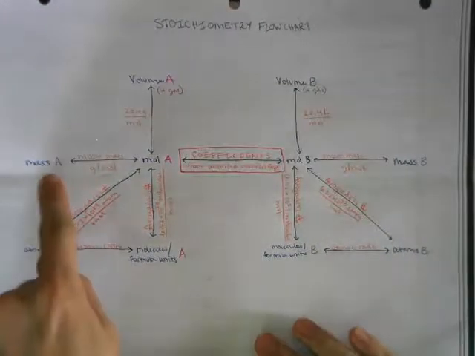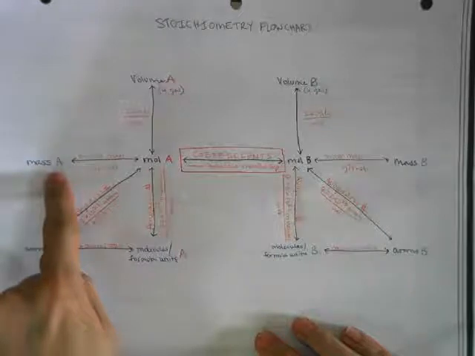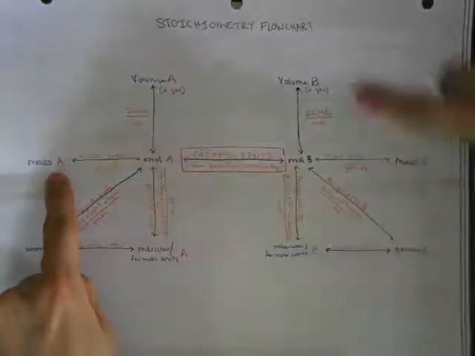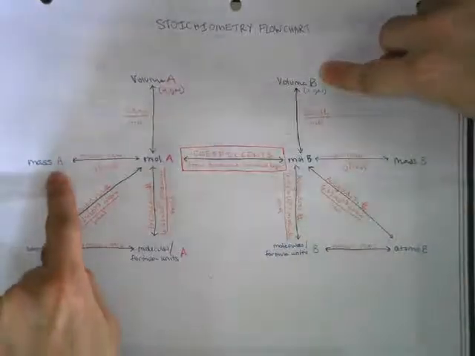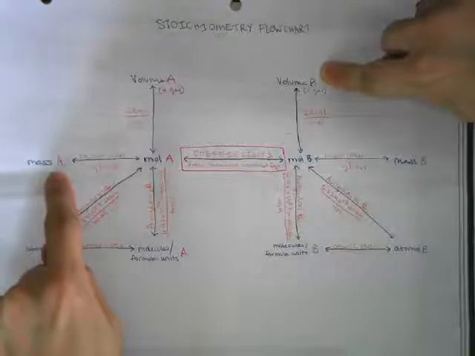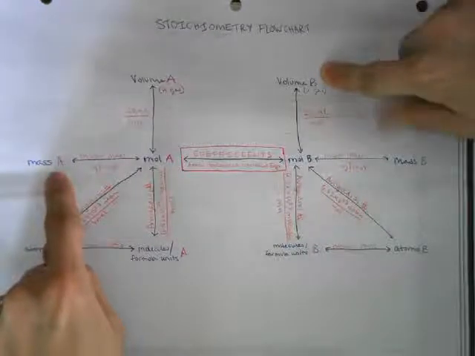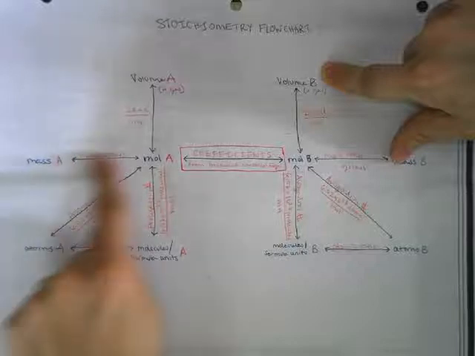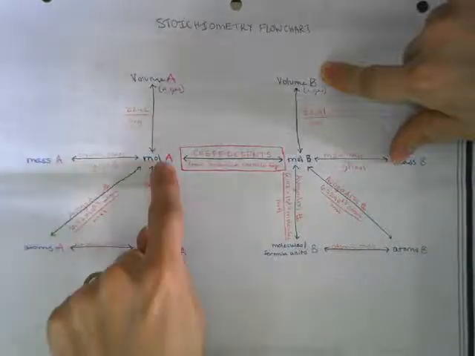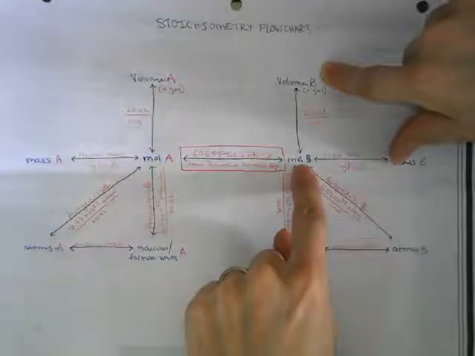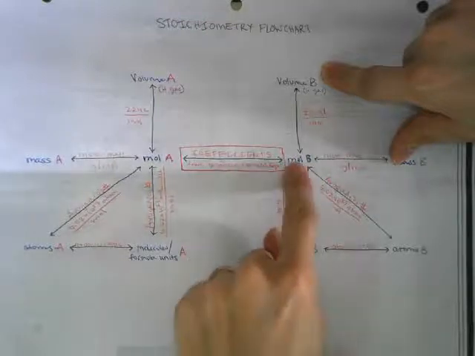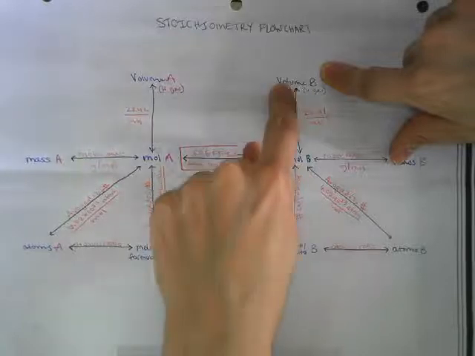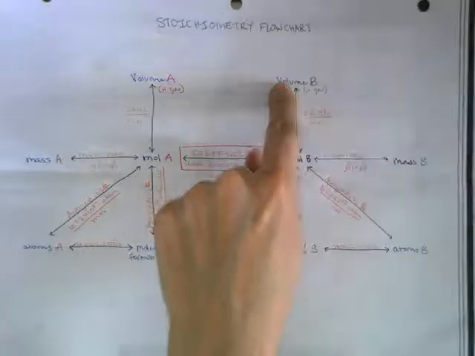So let's say that I know how much mass of a reactant I have, and I want to figure out the volume of product that I can make if it's a gas. Well, that's going to be 1, 2, 3 steps. I need to convert from mass to moles using that thing's molar mass, and then moles of A, whatever that is, to moles of B using the coefficients in the reaction, and then I use the volume ratio of a gas to get to the volume of my product.